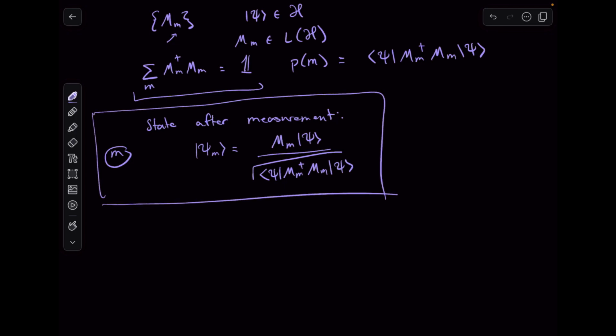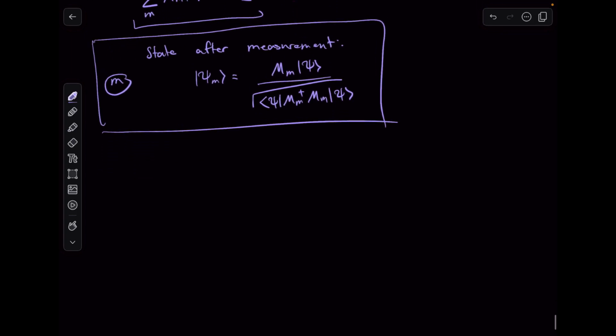So this leads us into the POVMs. POVM stands for positive operator valued measure, and the technical details of the name are not really that important, but essentially it is a mathematical convenience. It's identical to the general measurement formalism, but set up in a way where we don't care about talking about the state after a measurement.